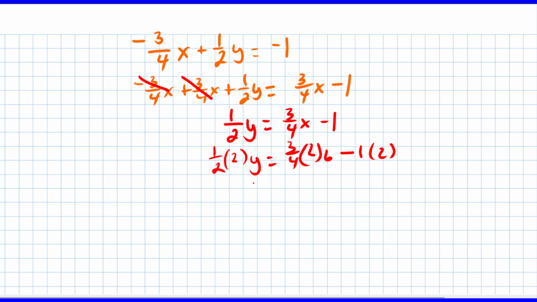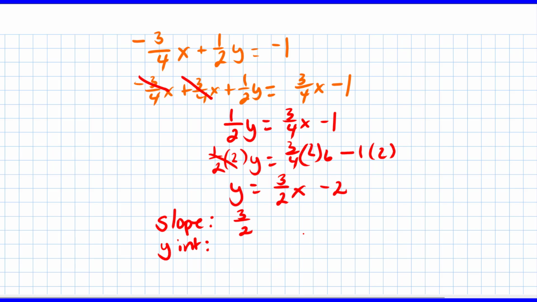All right, so that gives me y equals 6/4, which reduces to 3/2, and then minus 2. All right, I've got my slope. My slope is 3/2, right? Up 3/2, and my y-intercept is 0, -2. And then I can take that and graph it.